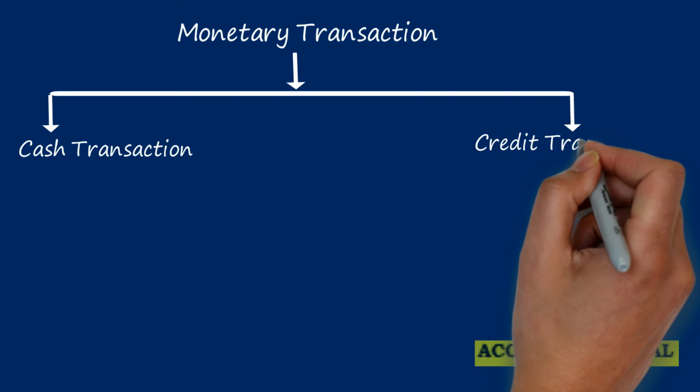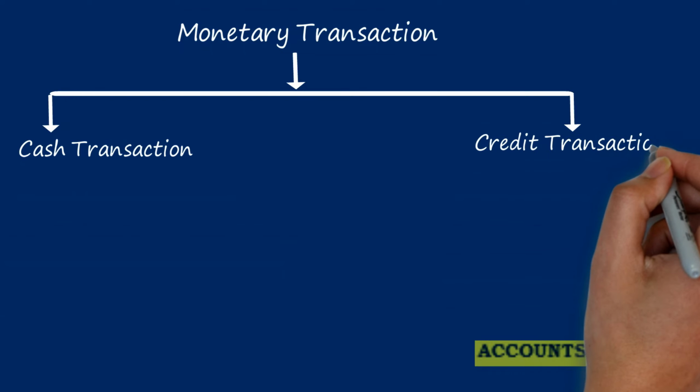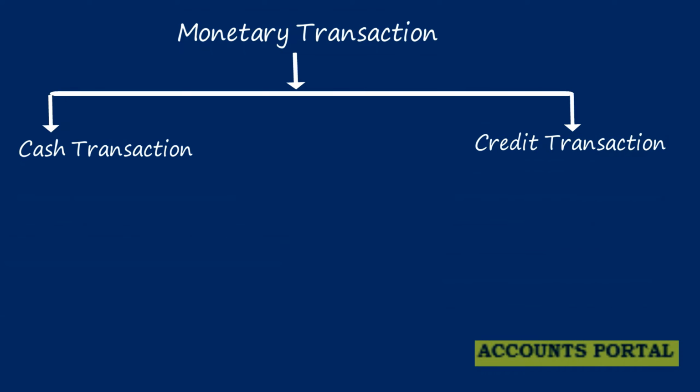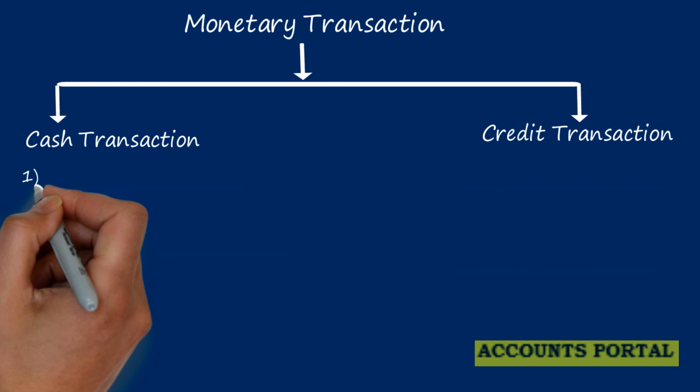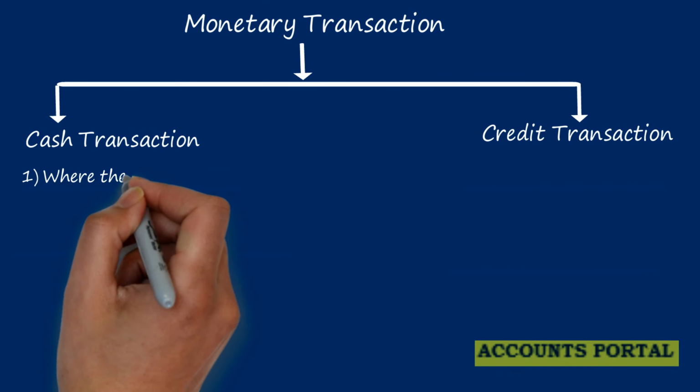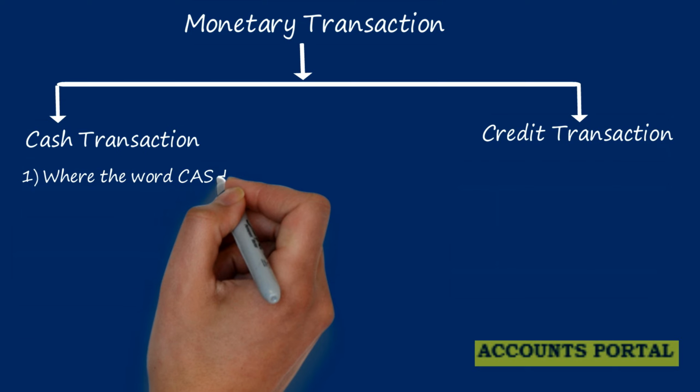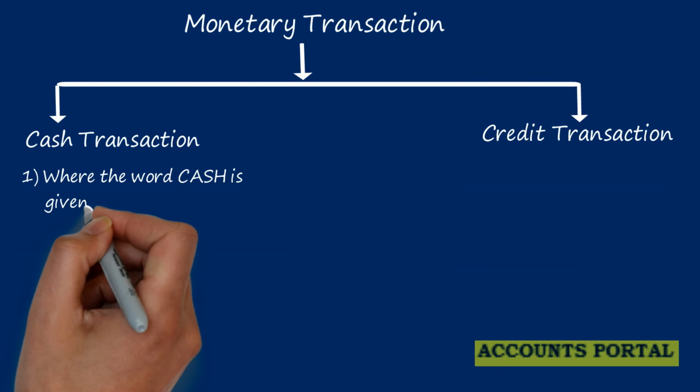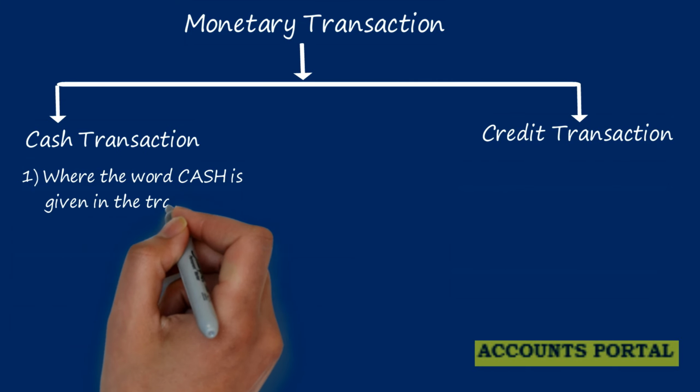Under cash transaction we are having three possibilities. Under credit transaction, we are having two possibilities. Let us look at the three situations under cash transaction. First, where the word cash is given in the transaction.